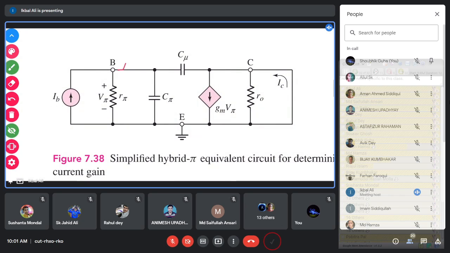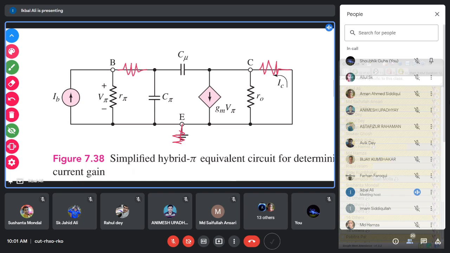Here the RB resistance has been discarded, and in the collector terminal you had a resistance that has been discarded, and the emitter side also had a resistance that has been discarded.